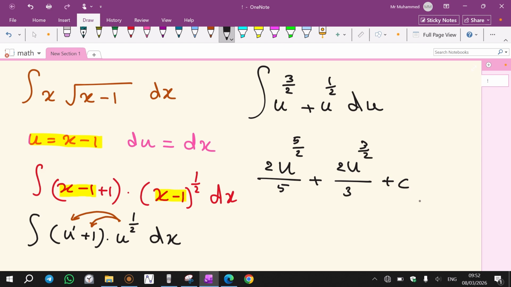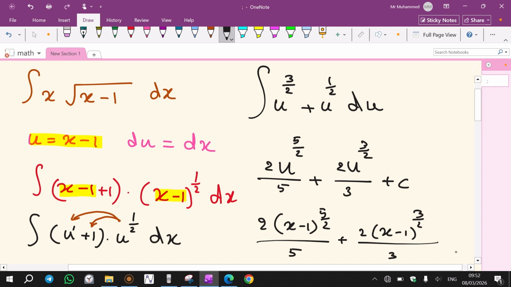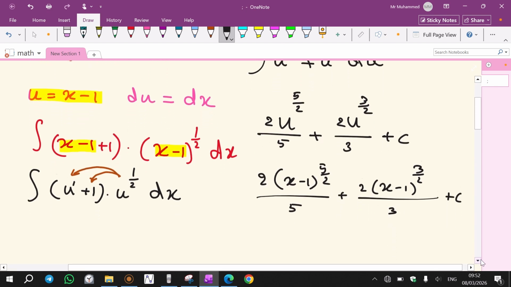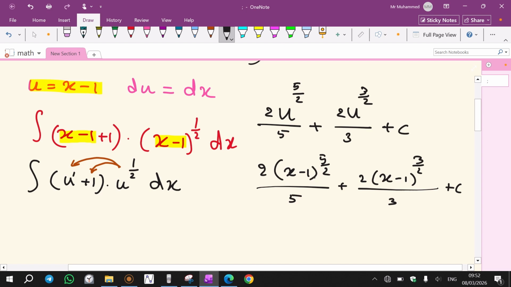This is the integral in terms of u, but if we want to evaluate it completely, we replace every u with x minus 1. That's going to be 2 times x minus 1 power 5 over 2 over 5, plus 2 times x minus 1 power 3 over 2 over 3, plus c. We can also write these in radical form.